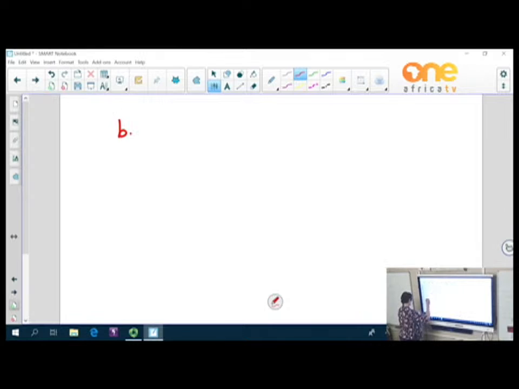Question B. In triangle ABC, so there's my triangle ABC, and C is 13. Now let's just label them again.